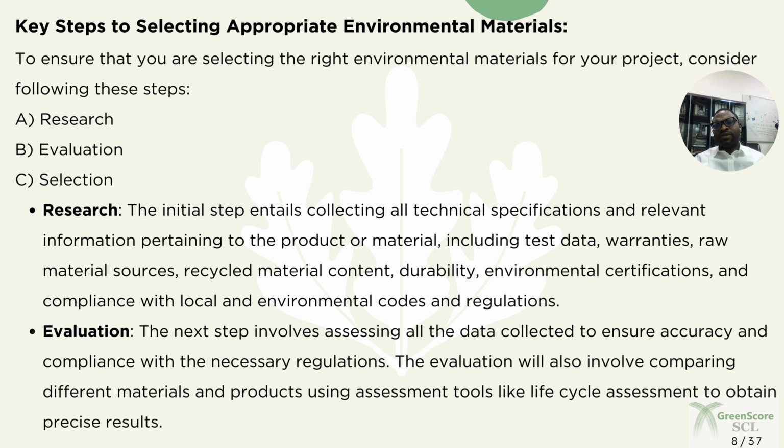Secondly, upon research, there's the need to assess the data that has been harvested to ensure that there's accuracy and there's no mix-up, and of course there's the necessary adherence to regulations. This may involve comparing different materials and products, with some of the tools that we already mentioned, to ensure that the results are as accurate as possible. So that's what evaluation is all about.